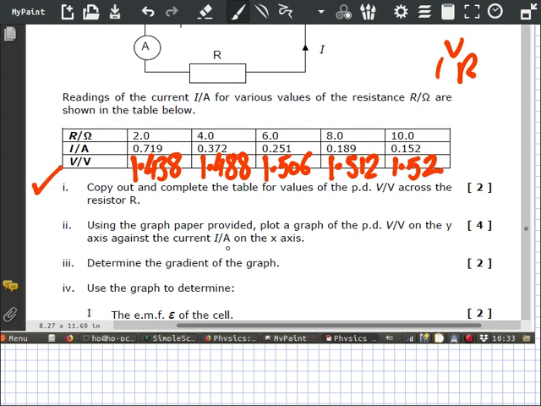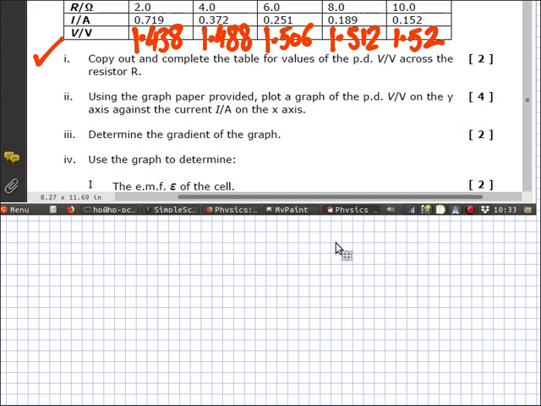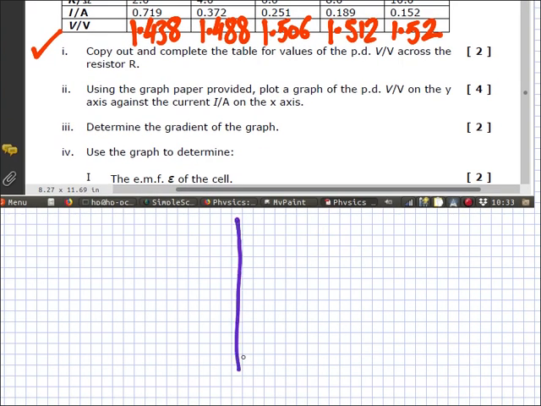Use the graph, plot voltage against current. Now this is obviously, don't do this in the exam. Voltage, current in amps, and it looks like these values are kind of close together.